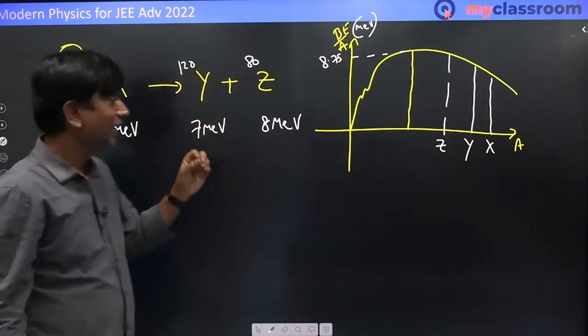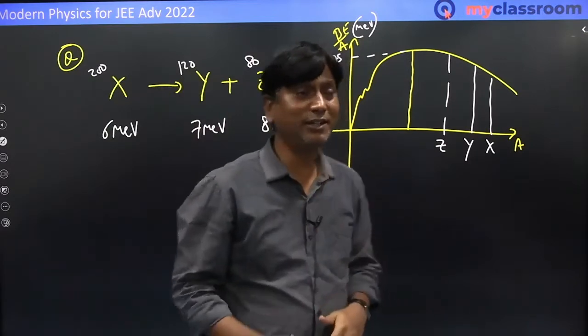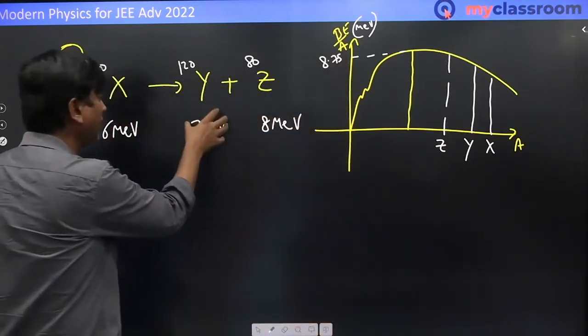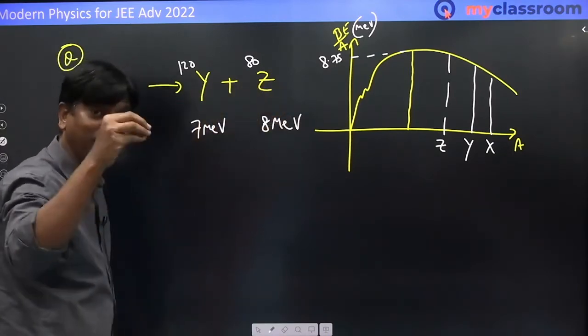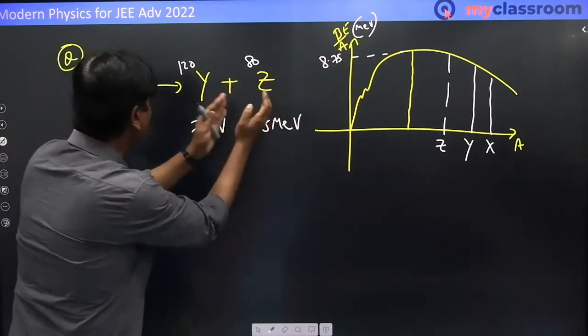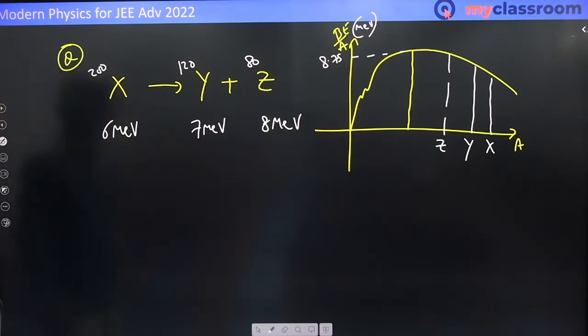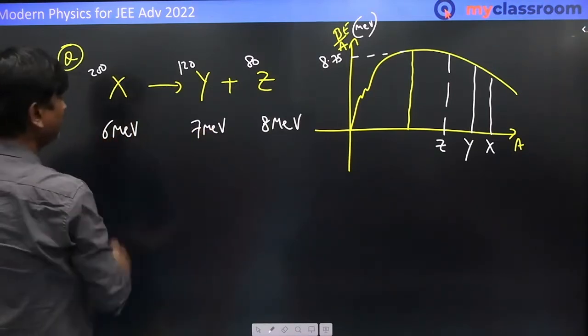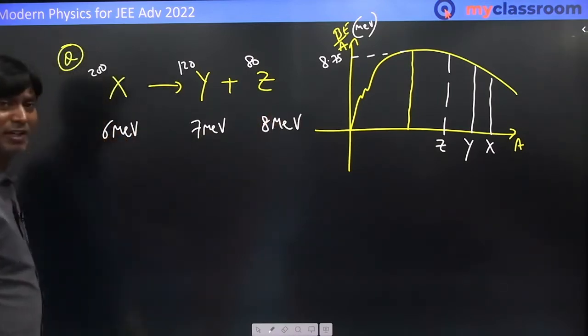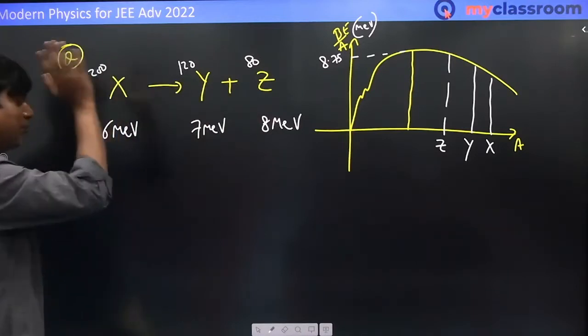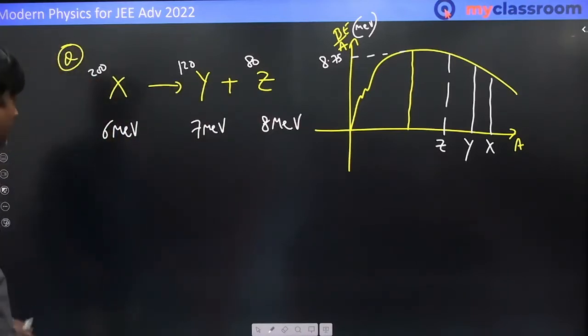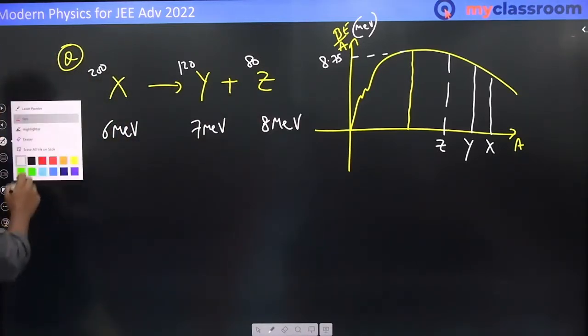See, compulsory when you can say that energy is released is when binding energy per nucleon of each individual on the RHS is greater than binding energy per nucleon of the LHS, like this is greater than this one, and even this is also greater than this one, then compulsory total binding energy of RHS will be greater than total binding energy of LHS. So let us calculate that.